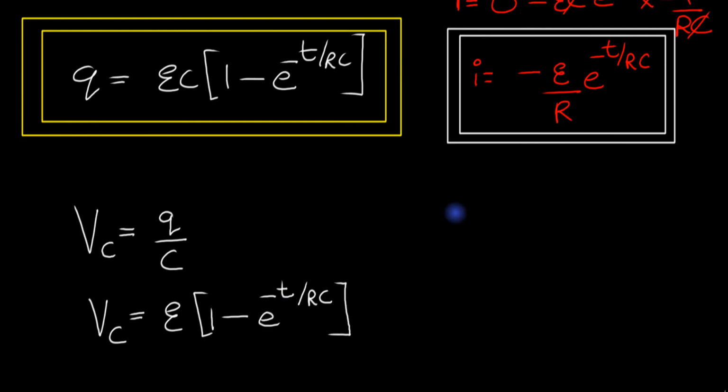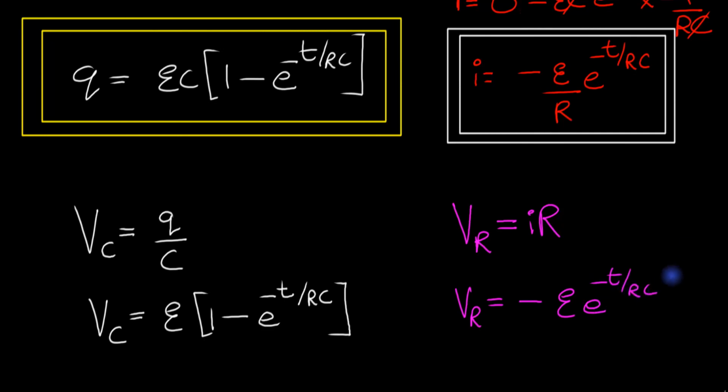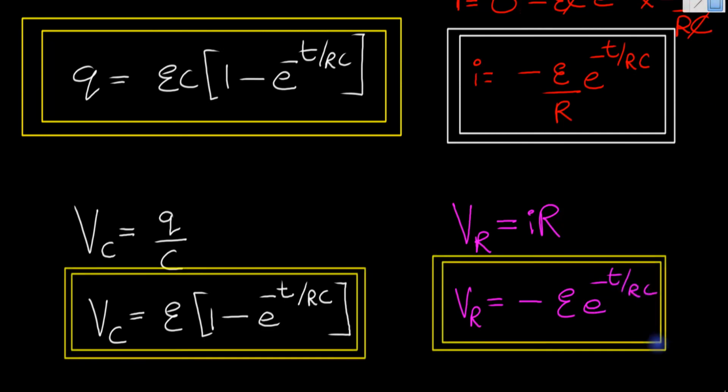And what's going to be the voltage across the resistor? Well, it's just going to follow the current, because it's IR, Ohm's law. So I just multiply this by R, and we get VR equal to minus E times e to the power minus t divided by RC. So let's box both of these, and there we have it.